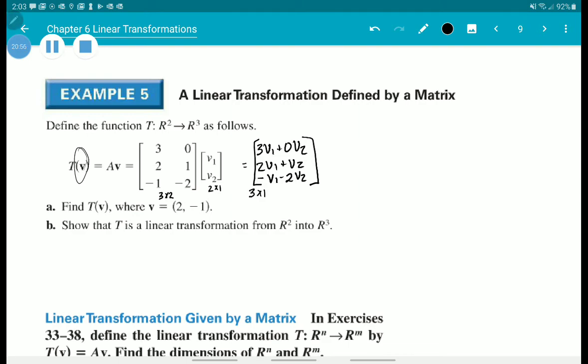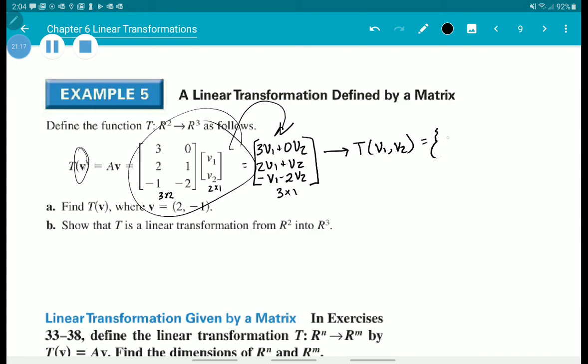So there's our 3 by 1 matrix that we were talking about before. Now, instead of thinking about this transformation in terms of a matrix, we could think about it this way. If we take V1, V2, and we apply this, we got that guy when we multiplied it out. So we could rewrite it this way.